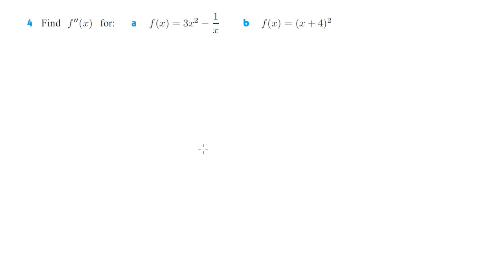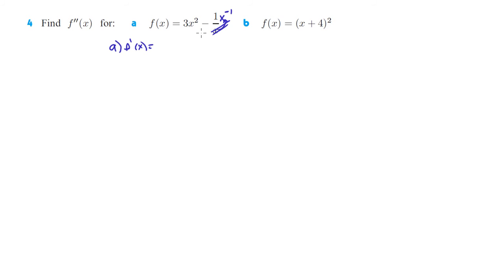All right. One last one. Find the second derivative for these functions here. So for a, f of x equals, let's rewrite this so that x goes up to the top. Right? So let's just rewrite this as x to the negative first.